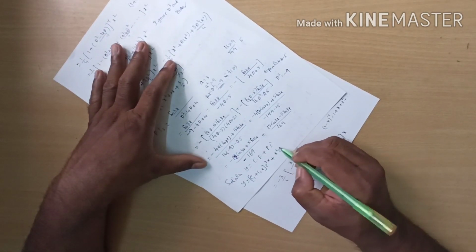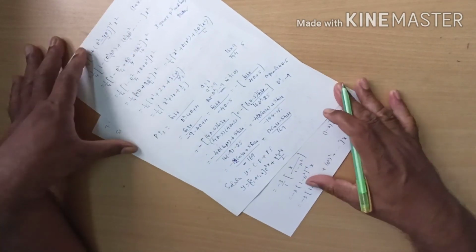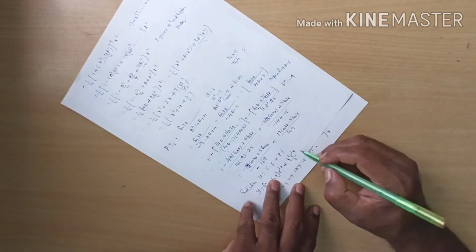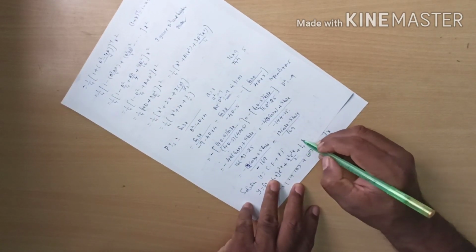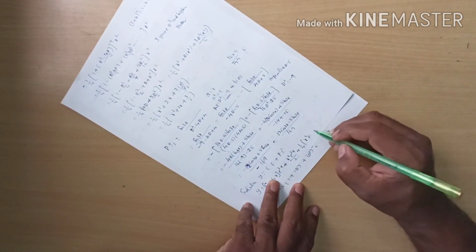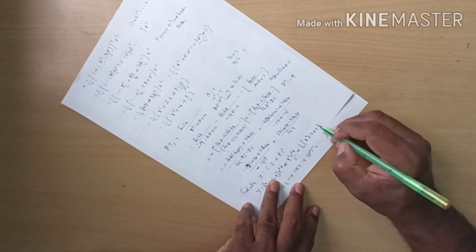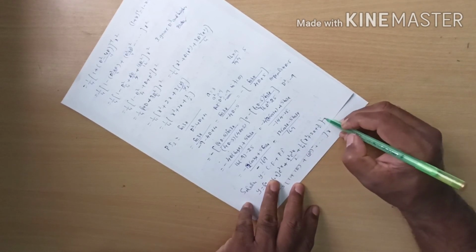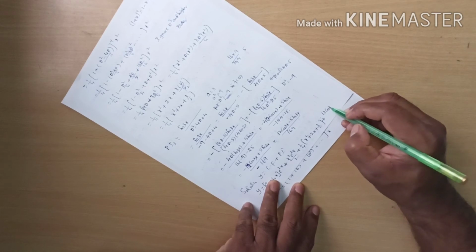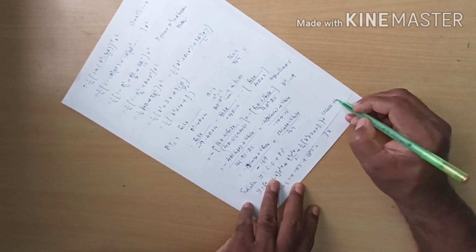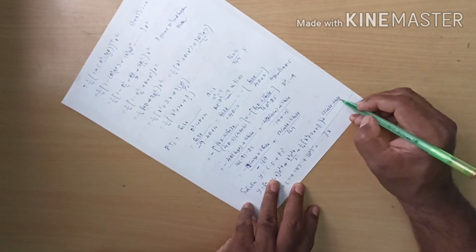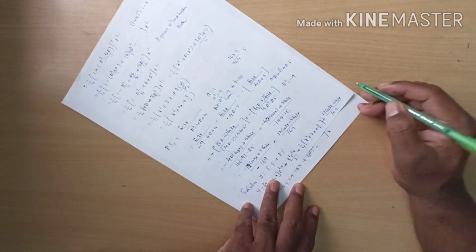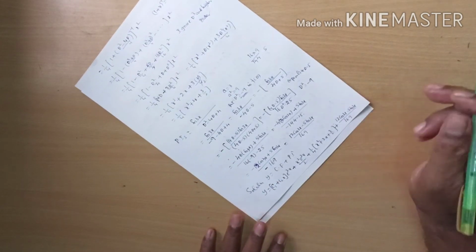PI2 is 1/4 into x square plus 2x plus 3 by 2. PI3 is 12 cos 3x minus 5 sin 3x by 169. This is the complete solution of the problem.